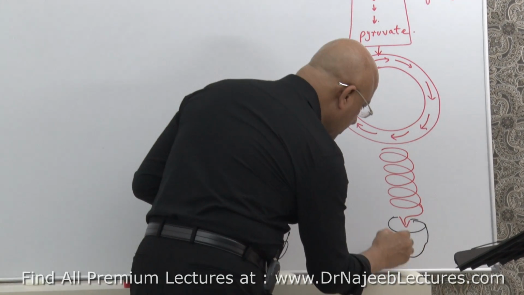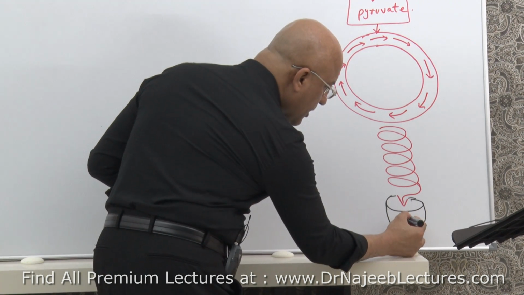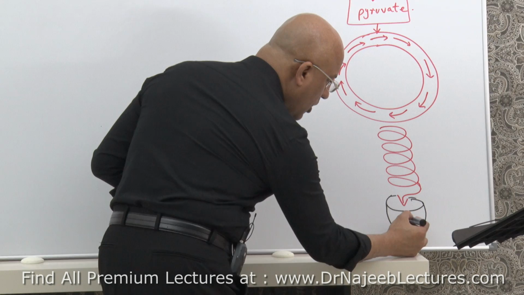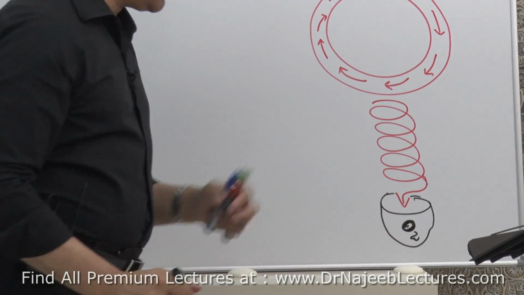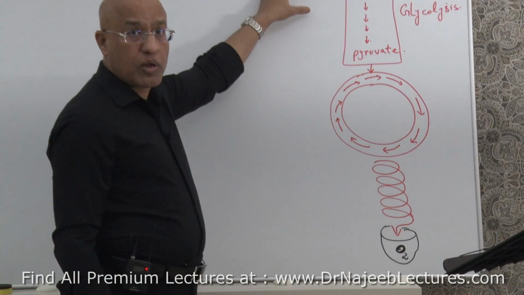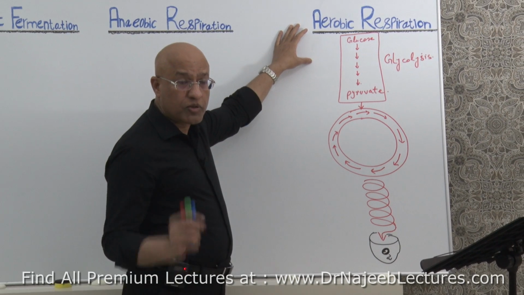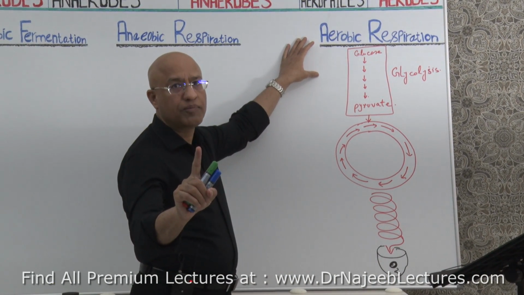And in aerobic metabolism, the final electron acceptor is, yes, molecular oxygen. So we say that cellular aerobic respiration is the most developed, most modern, most efficient, right?